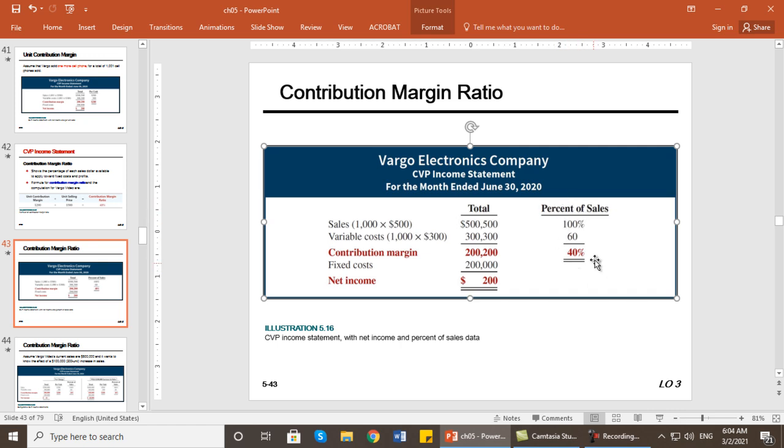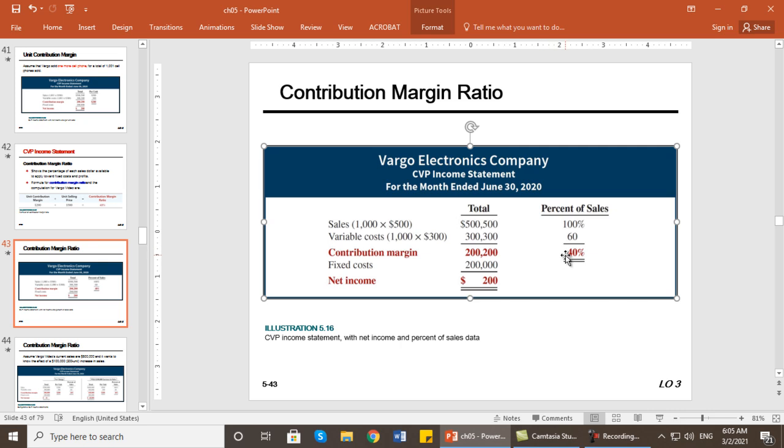We need to change this data to percentage of sales. If the sales are 100%, the variable cost, when we divide variable cost by sales, equals 60%.